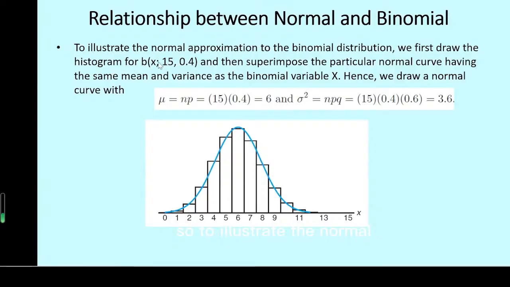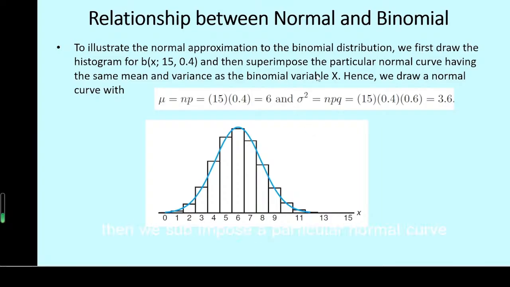To illustrate the normal approximation to the binomial distribution, we can first draw, for example, a binomial distribution with a histogram for different possible discrete values, 0, 1, 2, 3, 4, and so on, right?